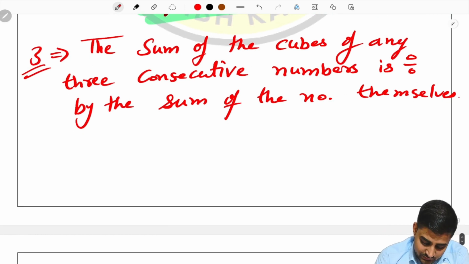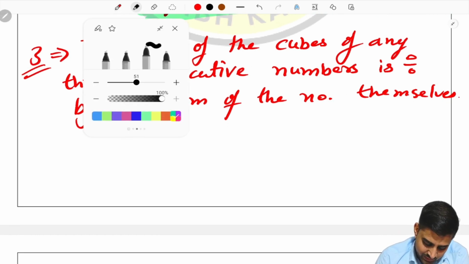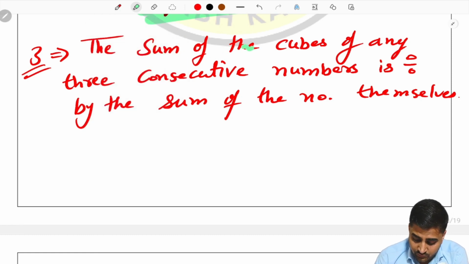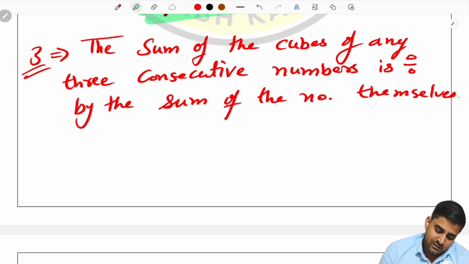What I have written is, I chose the black highlighter. The sum of the cubes of any three consecutive numbers is divisible by the sum of the numbers themselves.